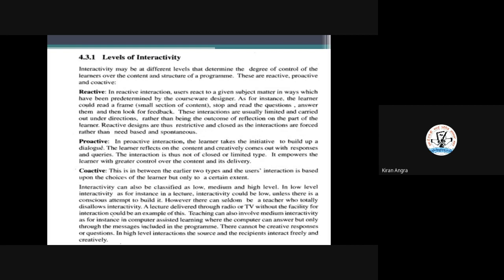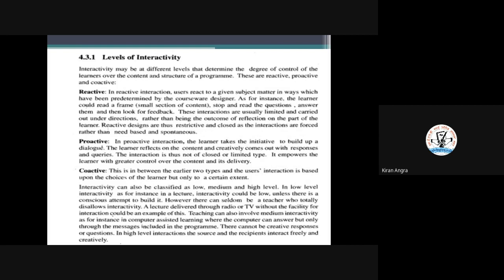No doubt the learner will interact with the designer of the courseware, but this instruction is as per the direction, and it does not have any reflection of the learner.